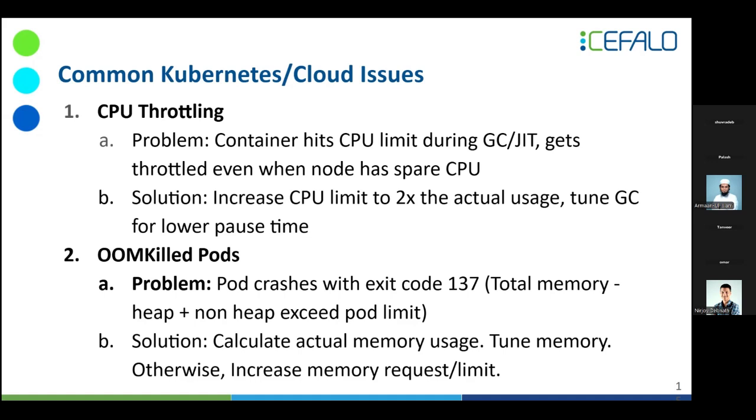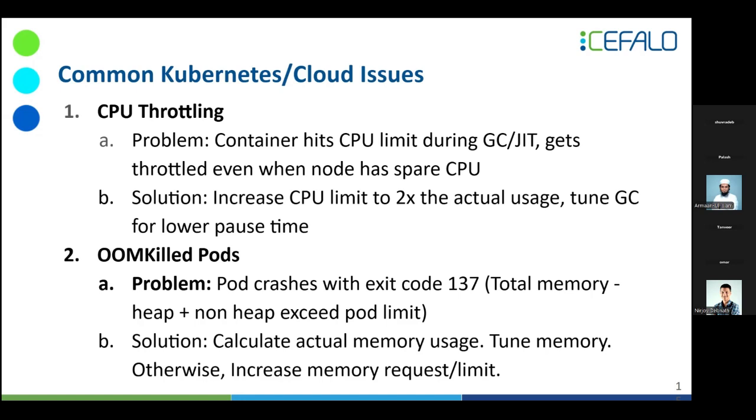So it's almost 10 times the actual usage. For those cases, we have other solutions. But in general, it's better to have 2 or 3 times more CPU than the actual usage, so that during start time you get enough CPU and reduce the startup time.